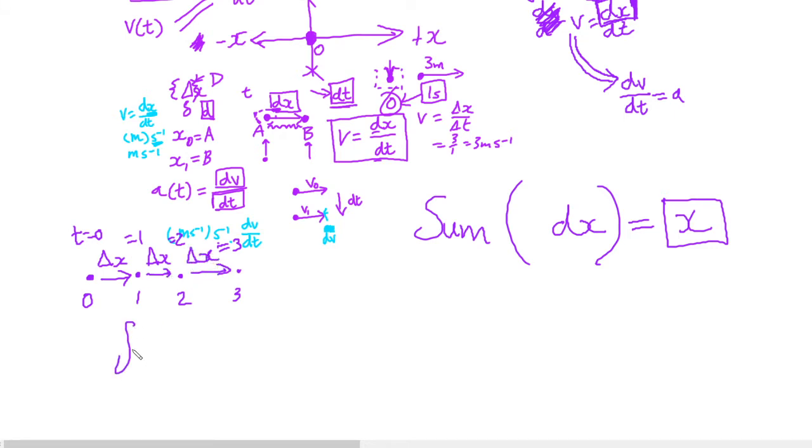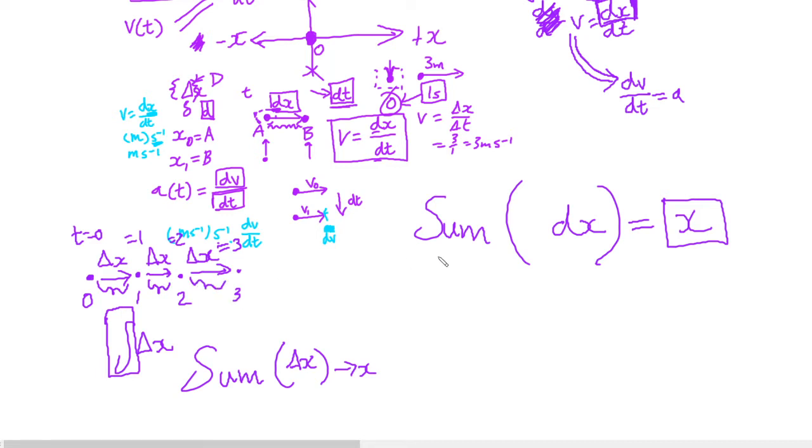And by summing up these delta x's, and you'll notice I just drew an integral sign, which sort of gave away where this explanation was going, if you sum up all these delta x's, it takes you to the actual value of x. So what we're doing when we sum up dx is we're summing up these changes in x that are all so infinitely small.